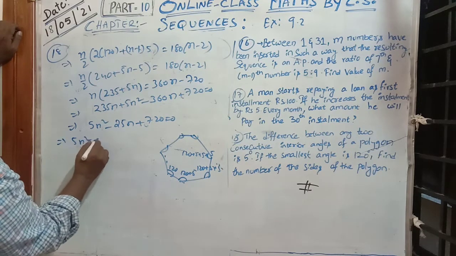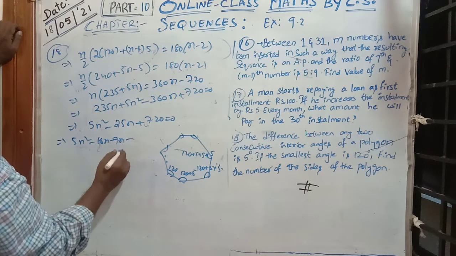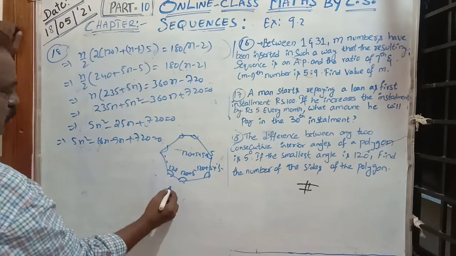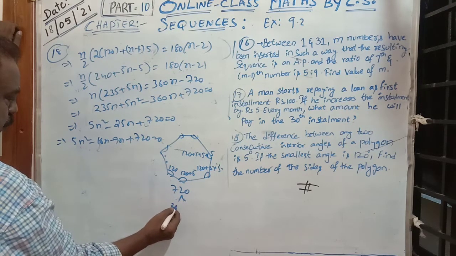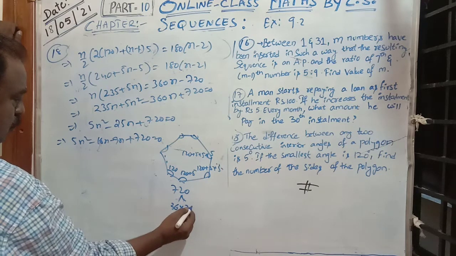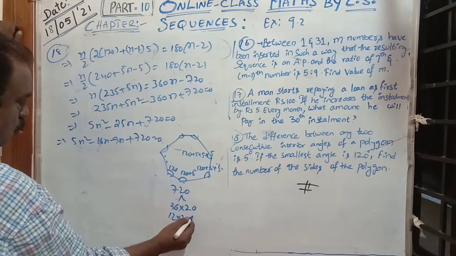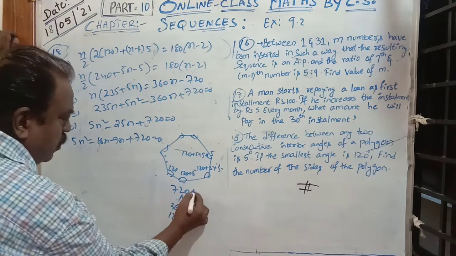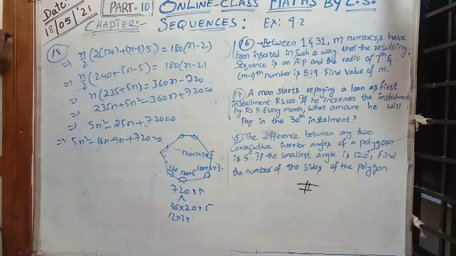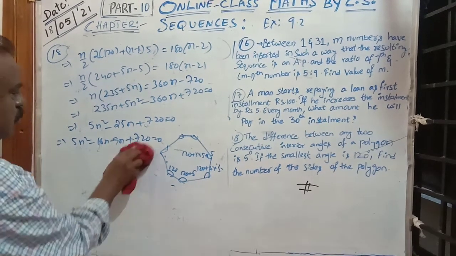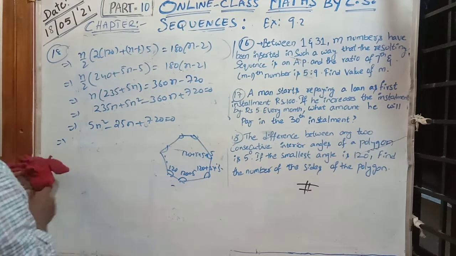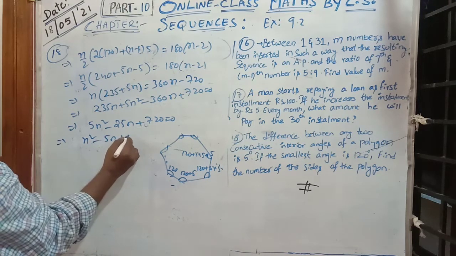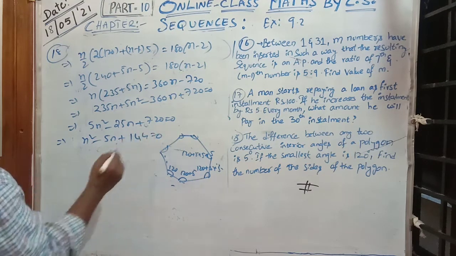Now 720 is 5 into 144, so with 5 it is cancelled. It is n square minus 25n plus 144.